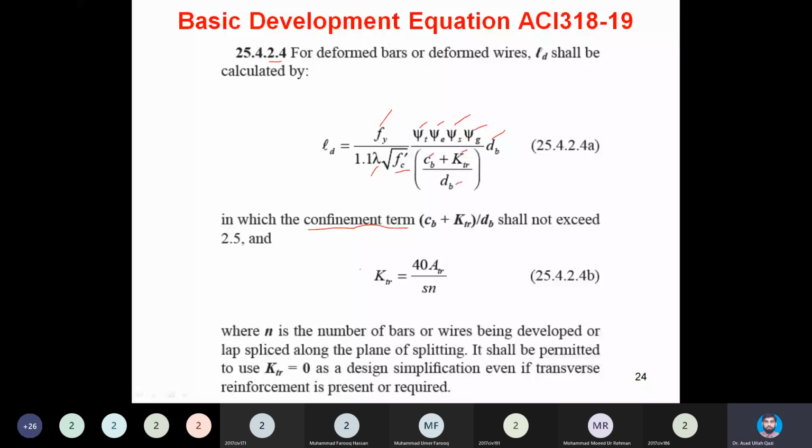So that is the reason it is in the denominator. And it is further mentioned that this confinement term as a whole, once you get the answer, shall not exceed 2.5, because if it exceeds 2.5, your LD will reduce and the chances of pull-out failure may become severe.